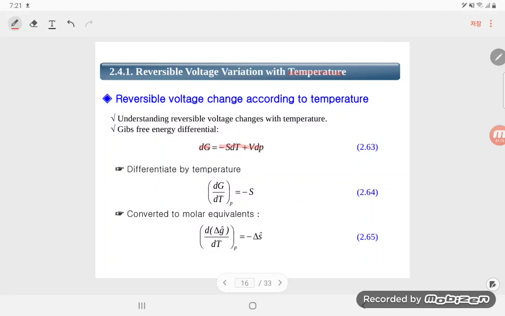So we will make the pressure constant. Then dP goes to 0. And if we differentiate by temperature, then now we have minus S. The slope of this variation is minus S, right? And then if we convert to molar equivalence, we can express it like this.